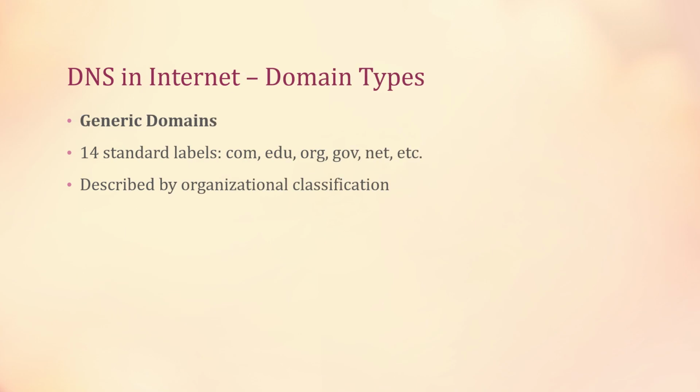Coming to the next topic, that is DNS in Internet. DNS is a protocol that can be used in different platforms. In the Internet, the DNS or domain name space or tree was originally divided into three different sections. We call them generic domains, country domains, and the inverse domains.